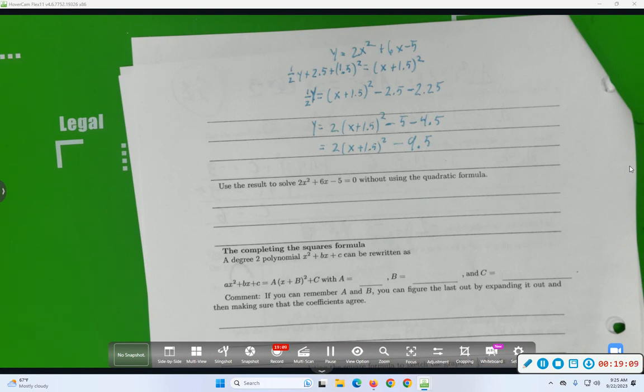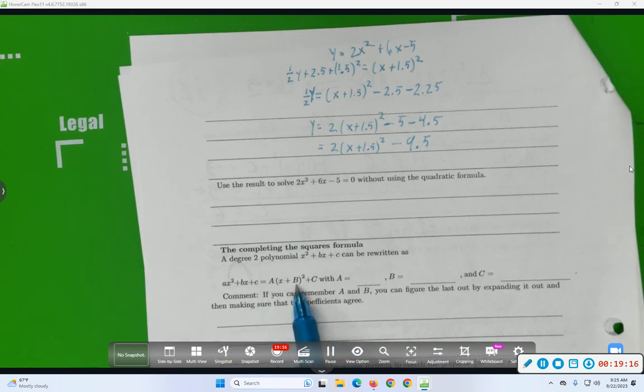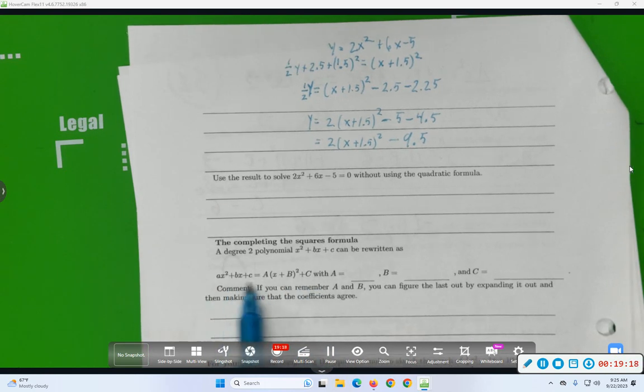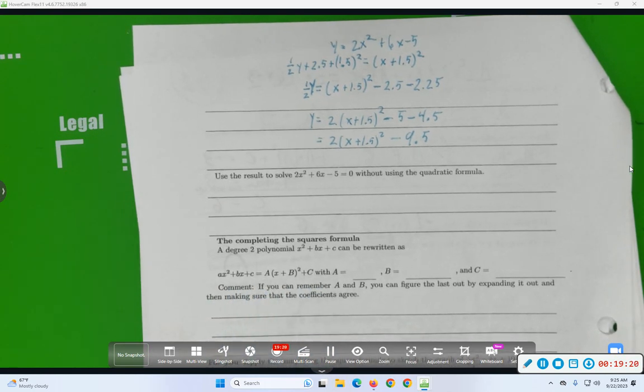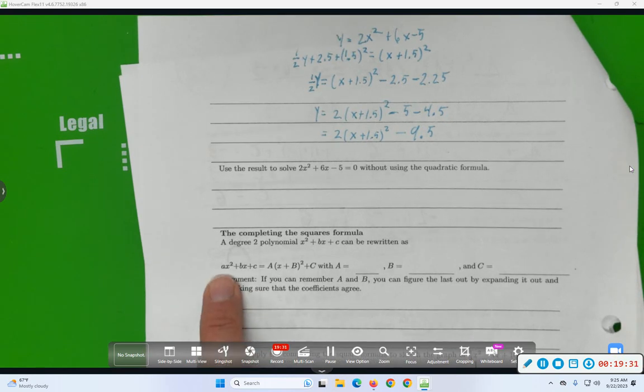So maybe I'll give one last strategy. The coefficients that I called big A, big B, and big C, do you think they're probably determined if you know what little a, little b, and little c are? Could you just always solve for them? Yeah, as long as this coefficient little a isn't 0, because then there's no square to complete.